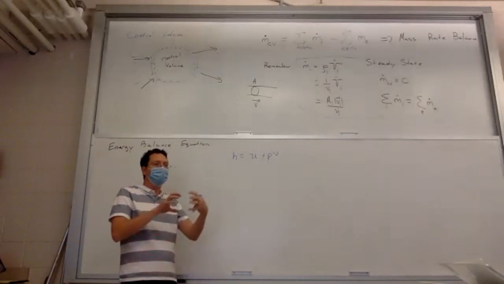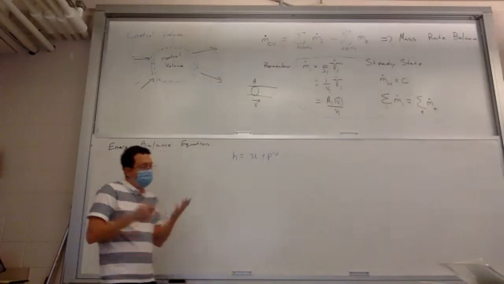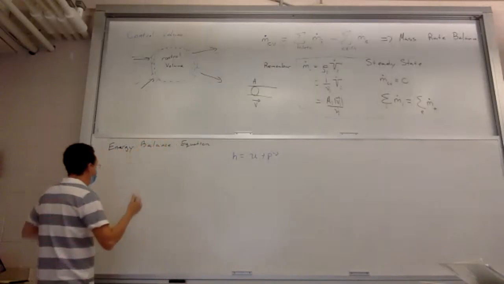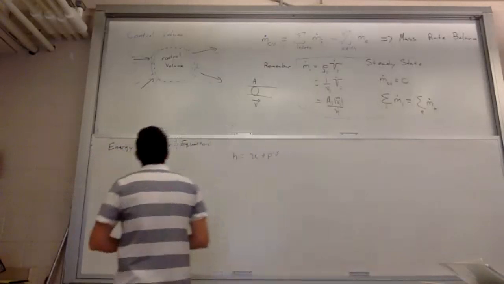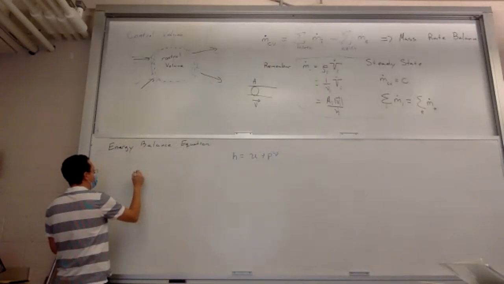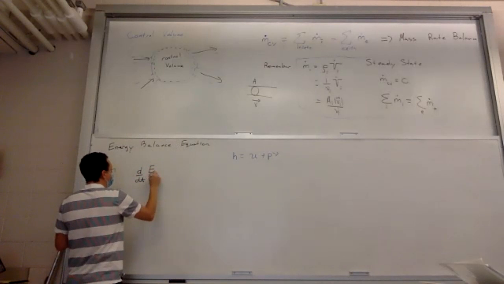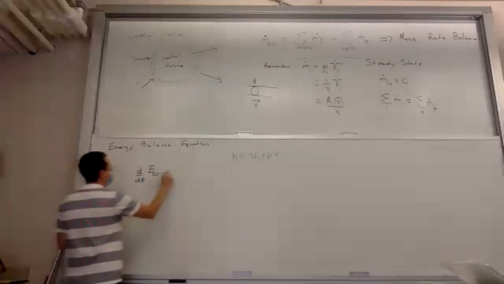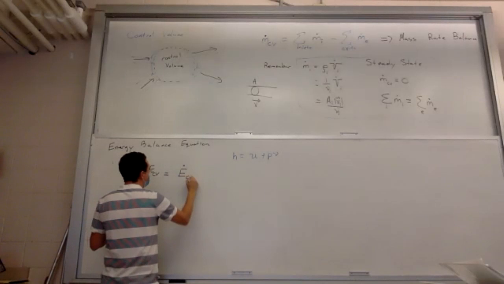How much is the energy inside changing per unit time? It's the same logic as we did for the mass flow rate. So we're going to write down the rate of change of the energy of the control volume with respect to time, or E dot C.